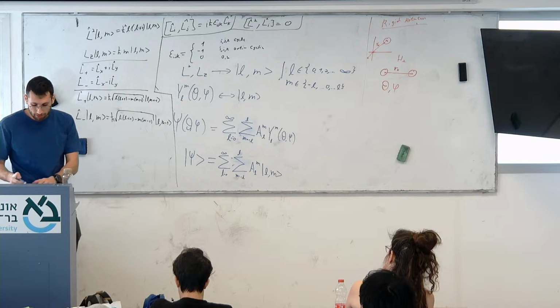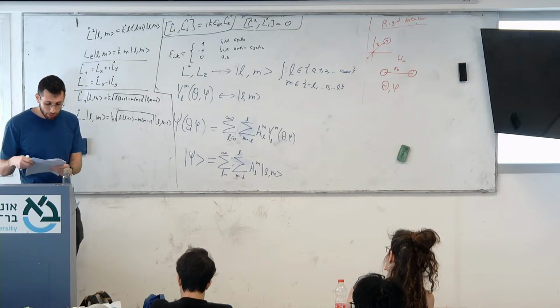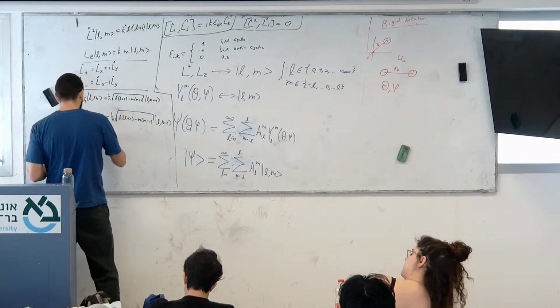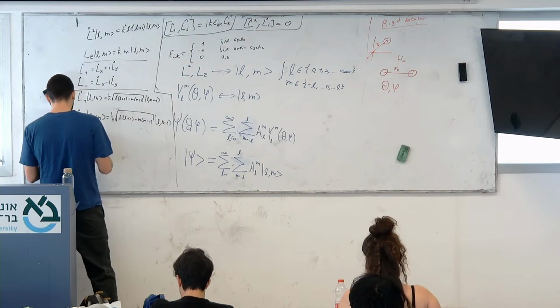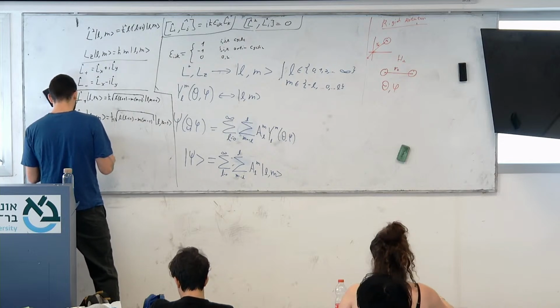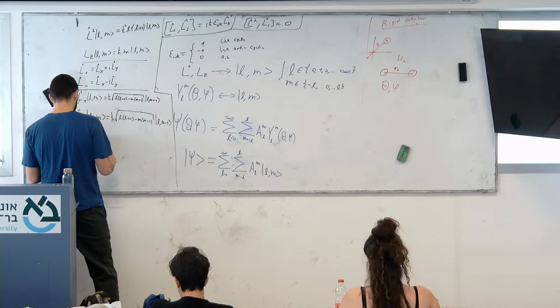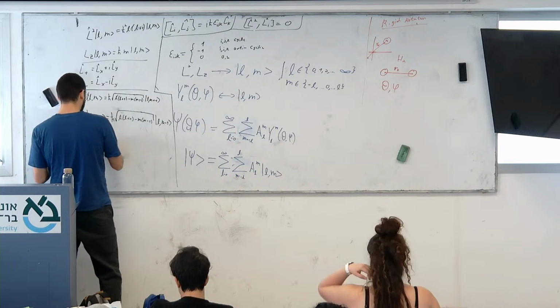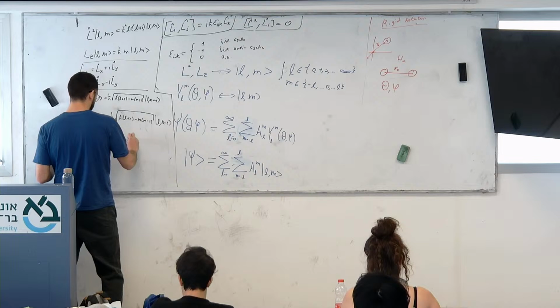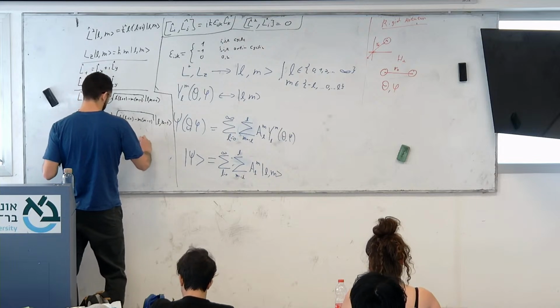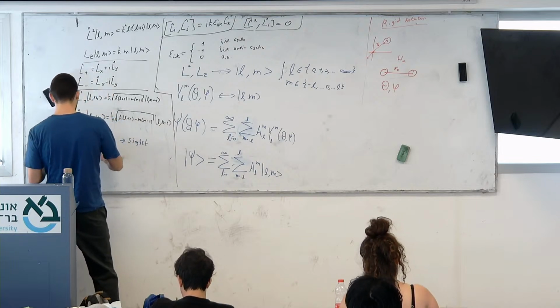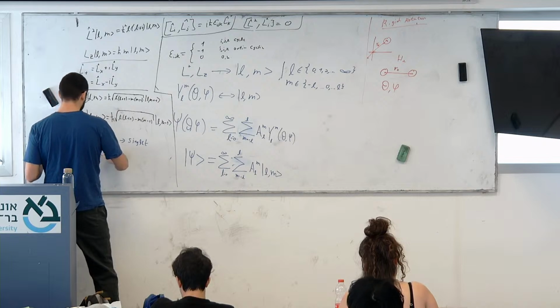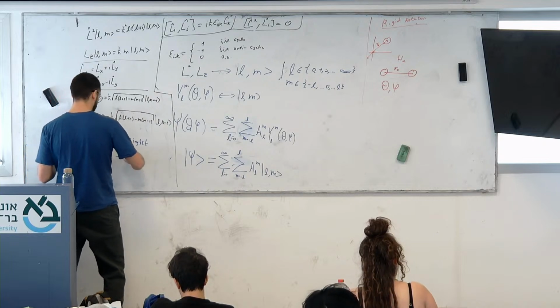When L is equal to 0, we call it singlet. When L is equal to 1, we call it triplet.